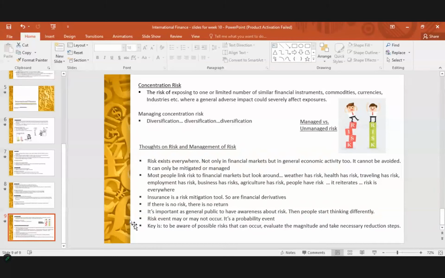Because if that counterparty fails, you have a large loss. Instead, you have lending limits based on their creditworthiness, of course, and diversify as much as possible. When you diversify, your counterparty risk and concentration risk get reduced.